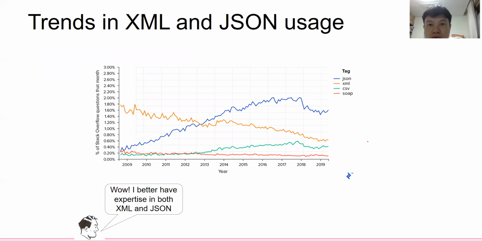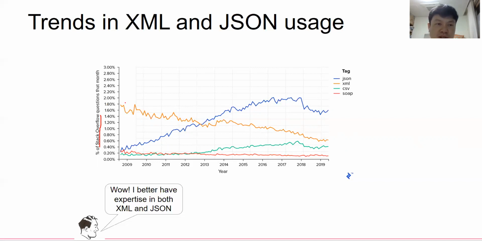Before we go to the details, I would like to mention the trend of XML and JSON. At the first time, XML was a very major format. There were many questions on Stack Overflow. Stack Overflow is a website providing questions and answers all related to programming.